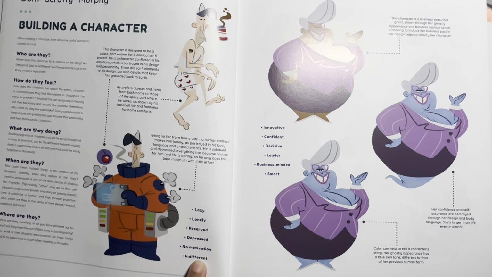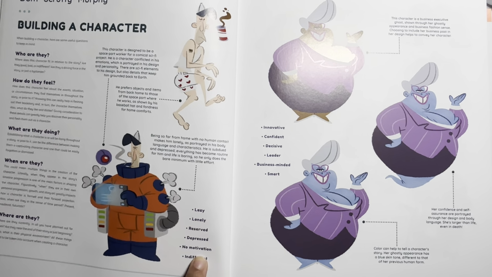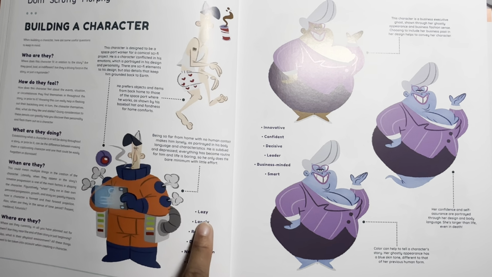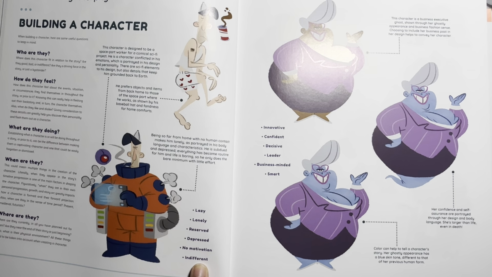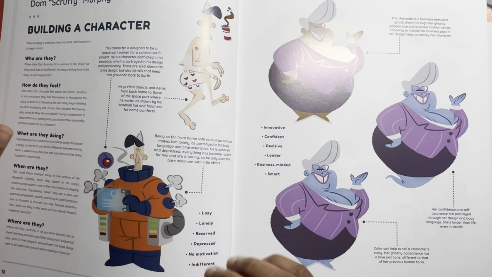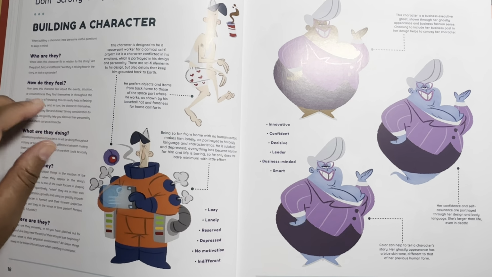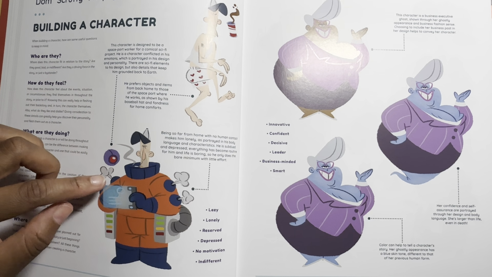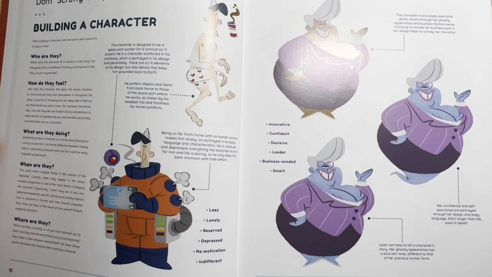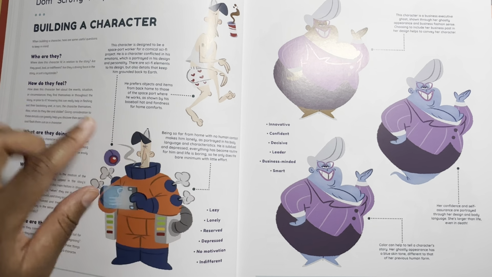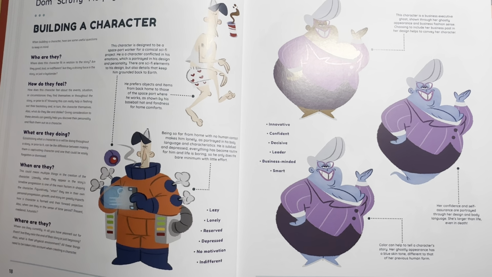Here are his little stats, or adjectives: lazy, lonely, reserved, depressed, no motivation, and indifferent. You can definitely see that he doesn't really have any motivation. He's smoking a cigarette on the job, just standing there like, who doesn't want to be here? You can see those things in him.